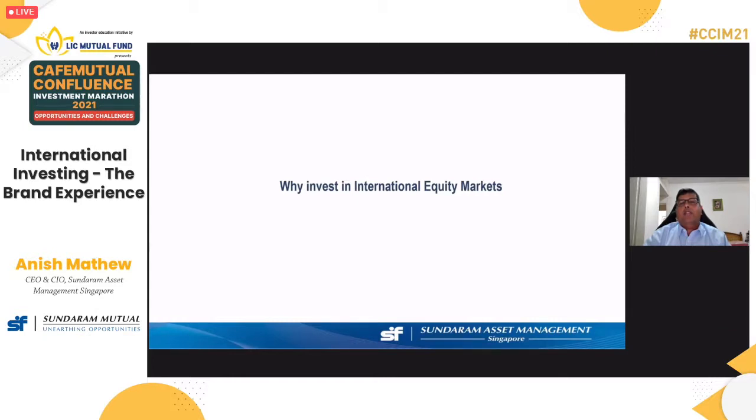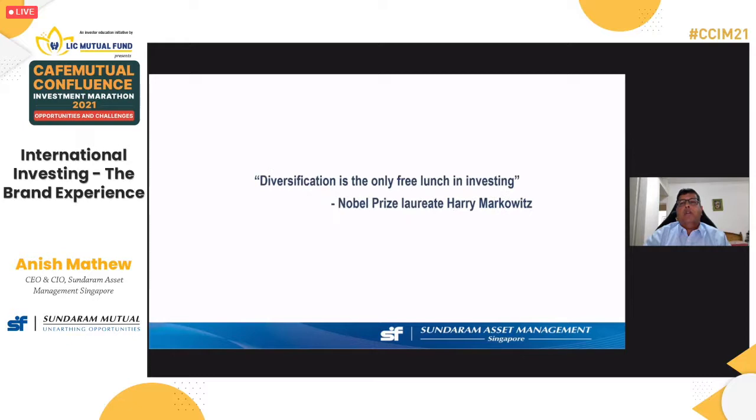as an Indian investor, leave the comfort of the Indian equity markets, especially when everybody is talking about India as being one of the large economies of the world, which is growing at a very fast pace for the foreseeable future. So the key reason why I feel that you should look at some allocation into the international equity markets is because of diversification.